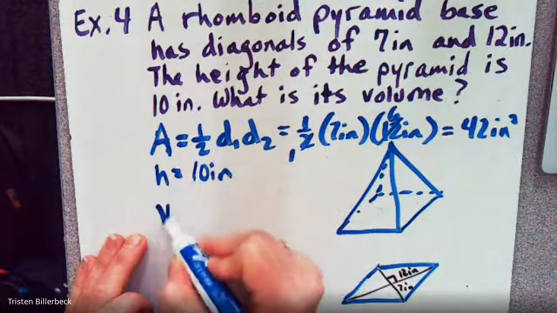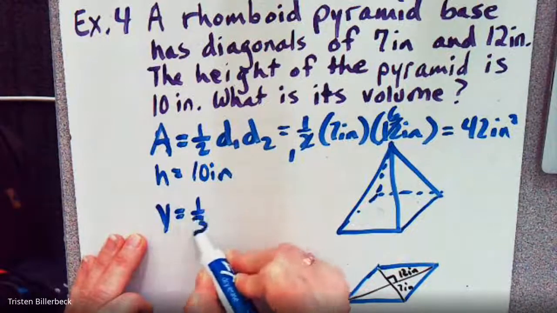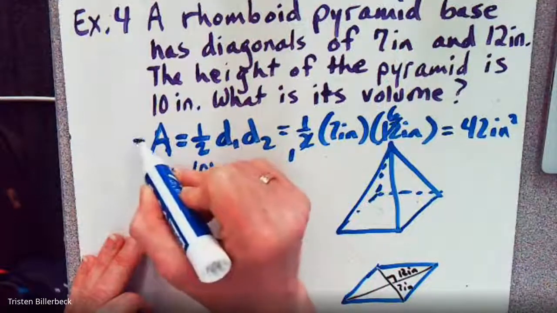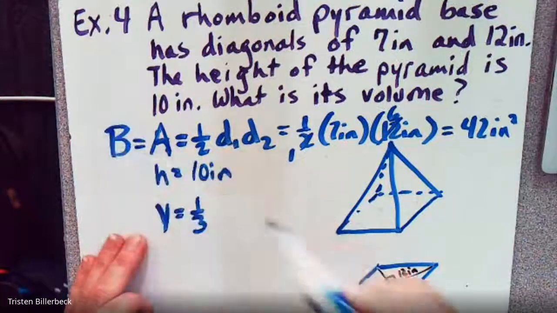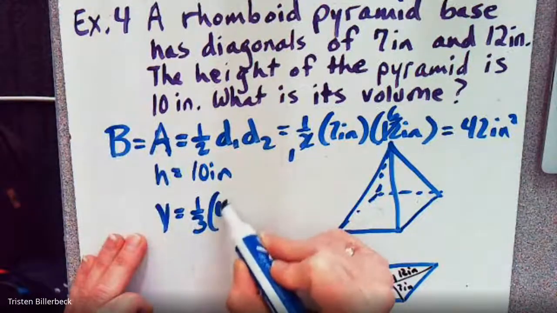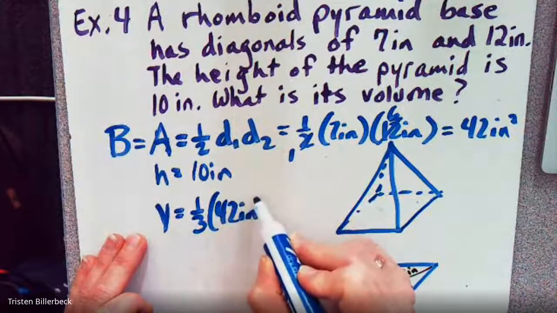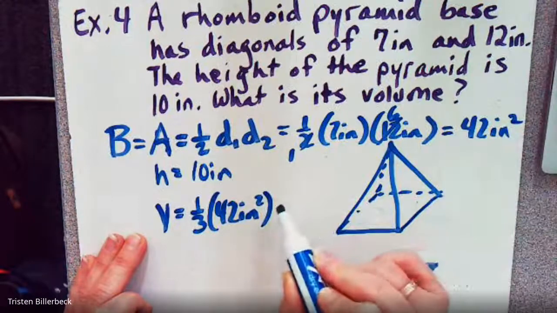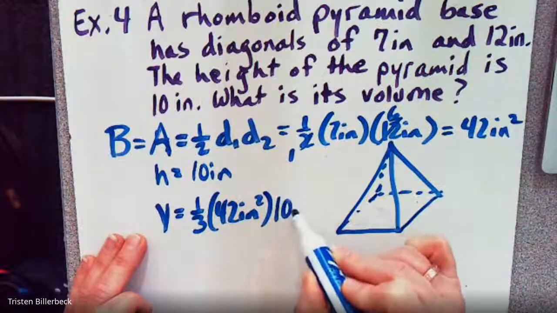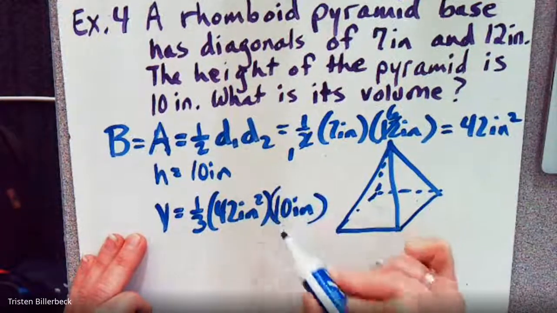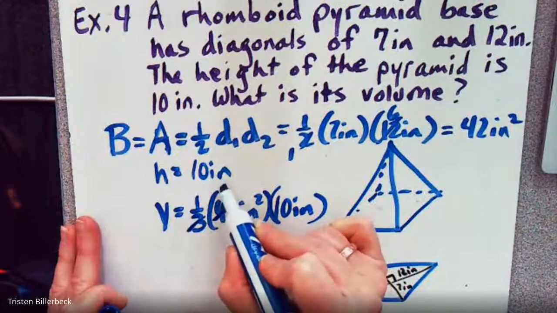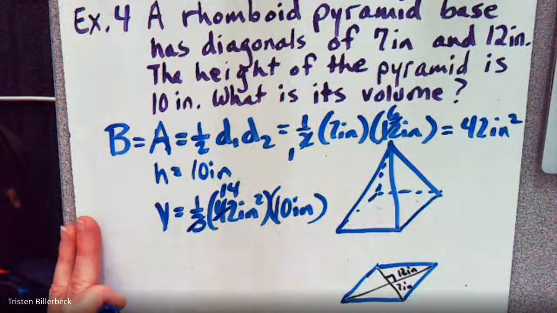So the volume is 1/3 the base area, which is the same thing as a big B. So 1/3 times 42 inches squared, because this is just area, and then times 10 inches for the height. 1/3 of 42 again is 14.